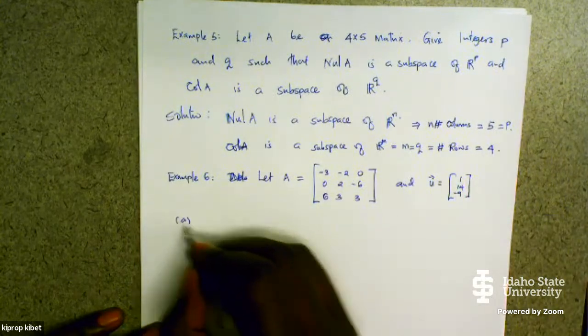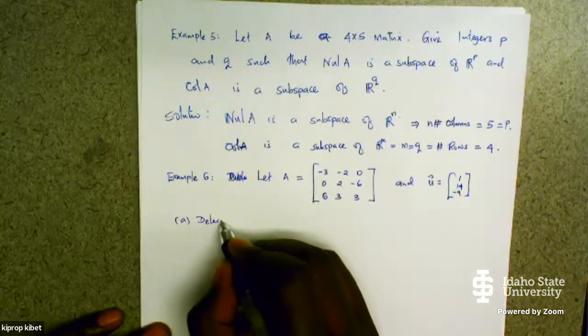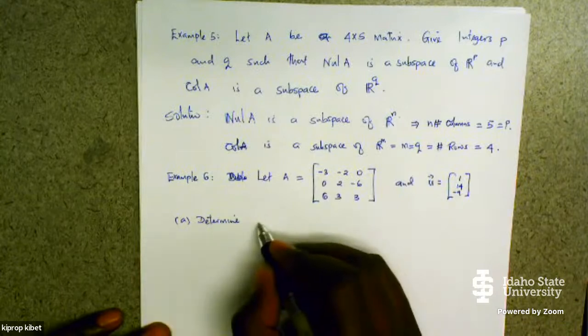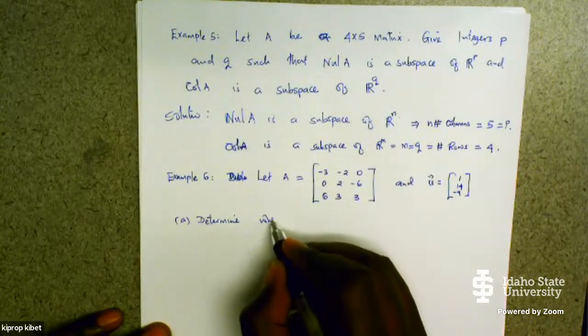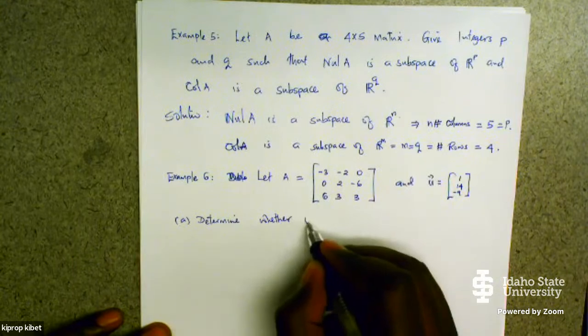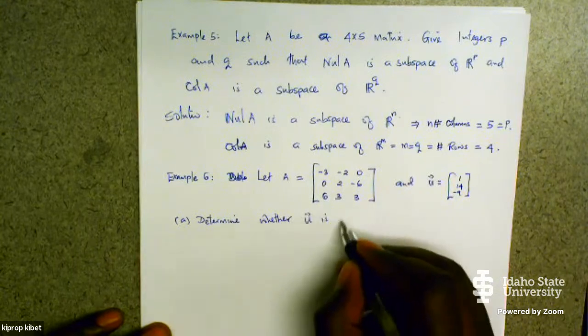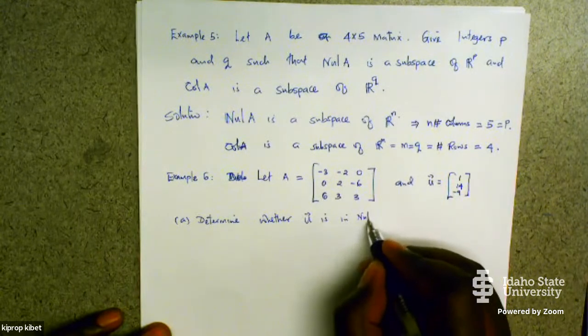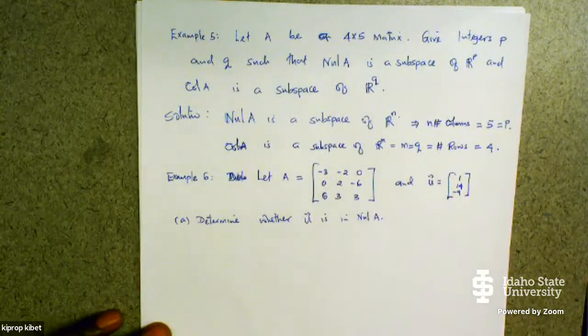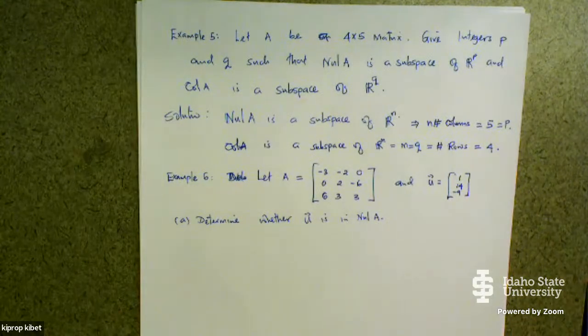Number A, determine whether U is in the null space of A. So how do we get this?